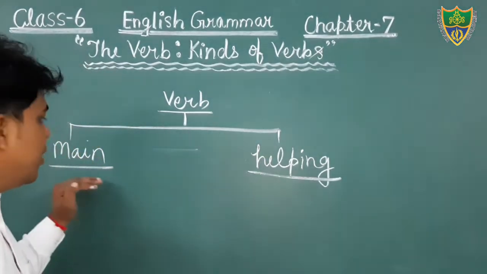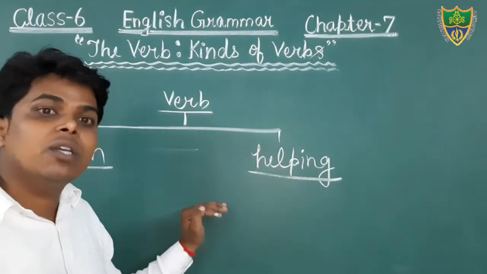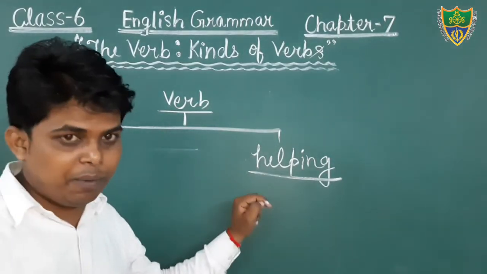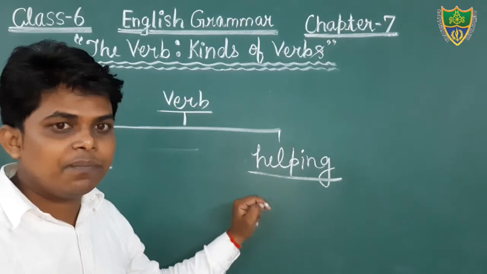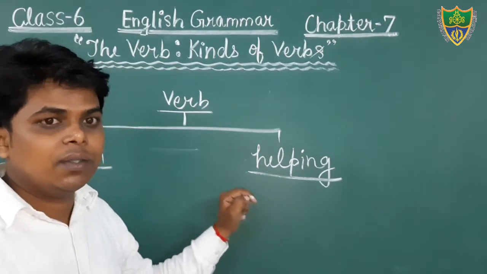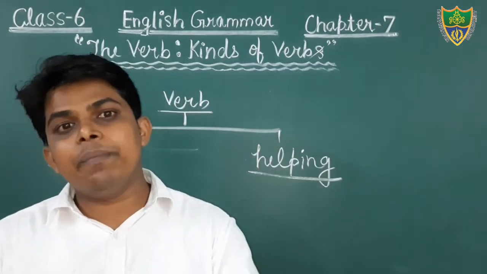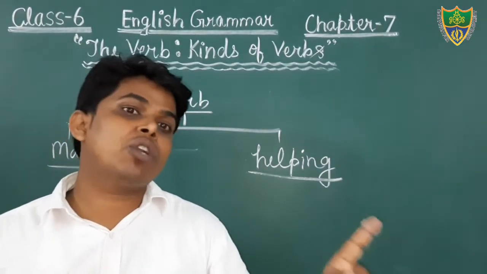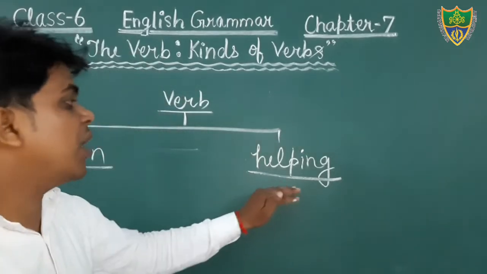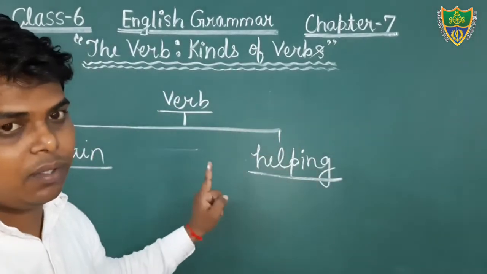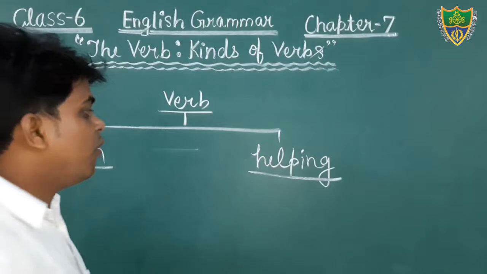We can use the main verb with a helping verb, and we can use the main verb without the helping verb. Or we can say that a main verb can be used without a helping verb, but a helping verb cannot be used without a main verb.